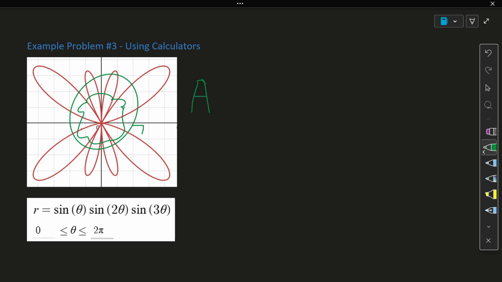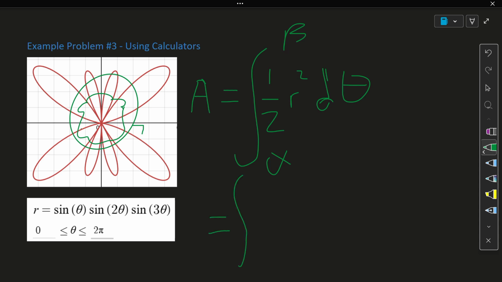So we should be able to remember the formula, which is A equals 1/2 r squared d theta from alpha to beta. And I've given you the bounds, so it should be easy.